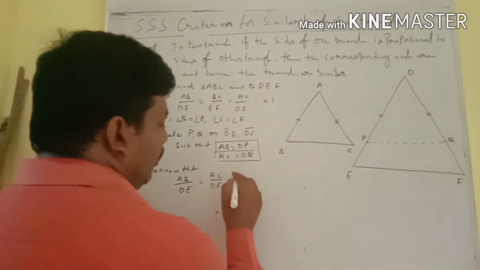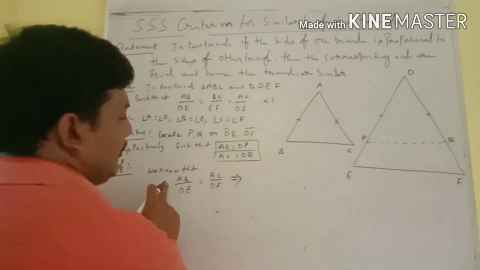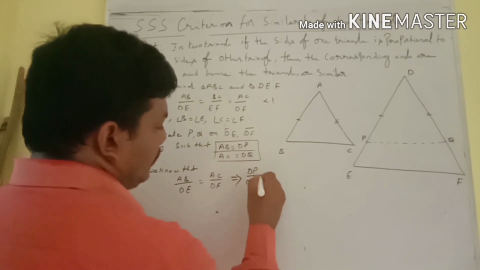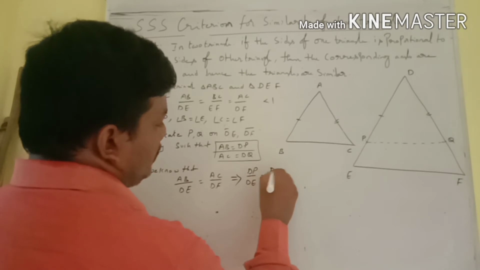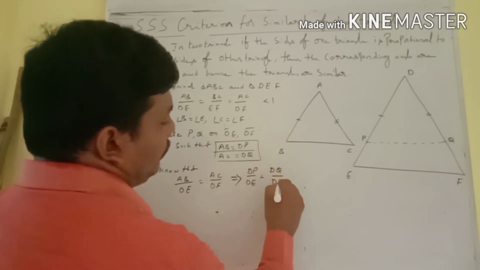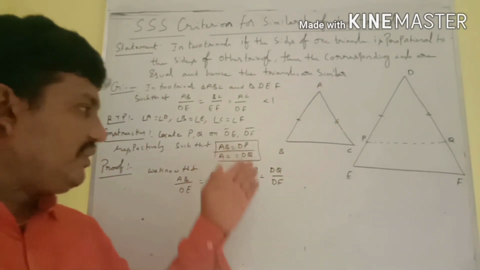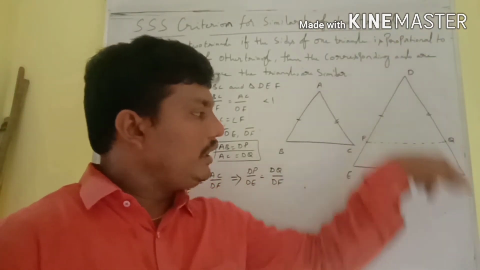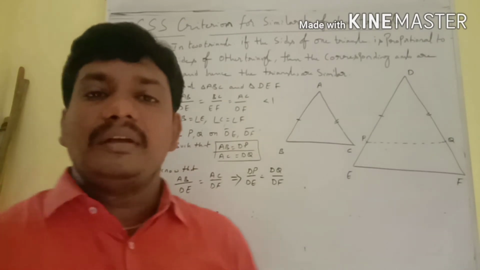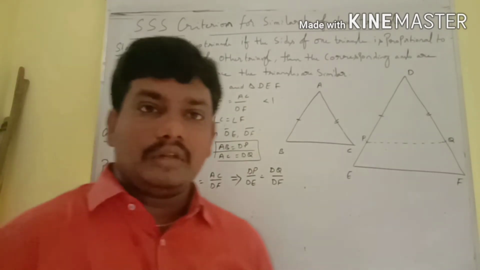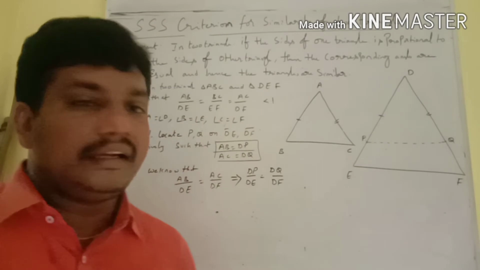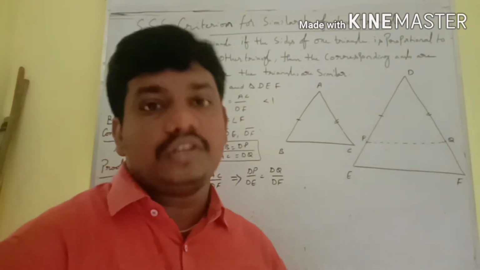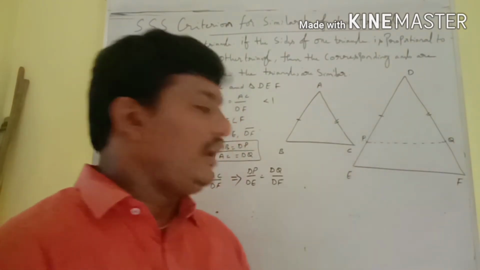As we already know, AB is equal to DP. So DP by DE is equal to, since AC is equal to DQ, DQ by DF. From the converse of the basic proportionality theorem, if a line divides two sides of a triangle in the same ratio, then that line is parallel to the third side.